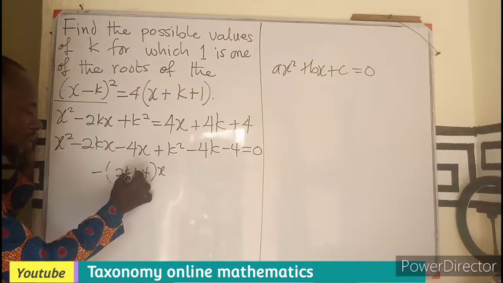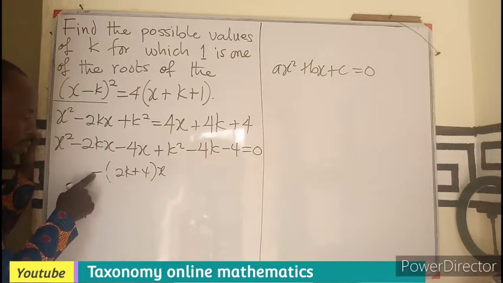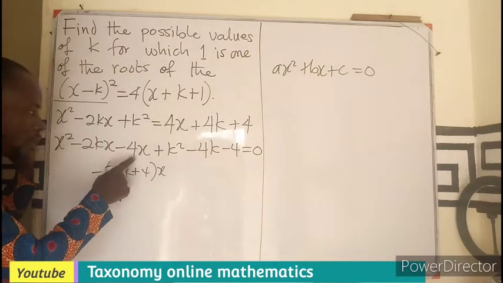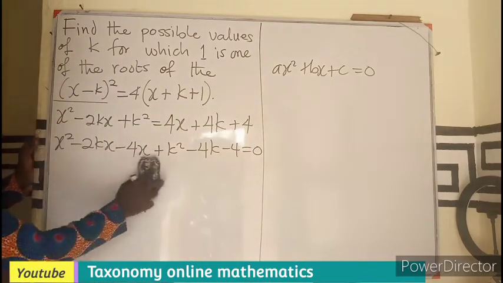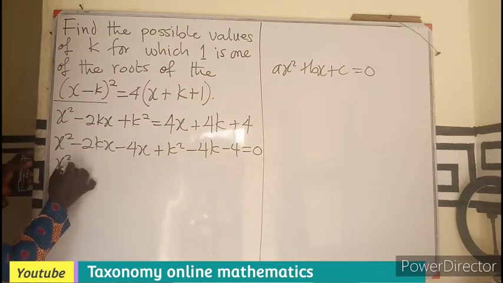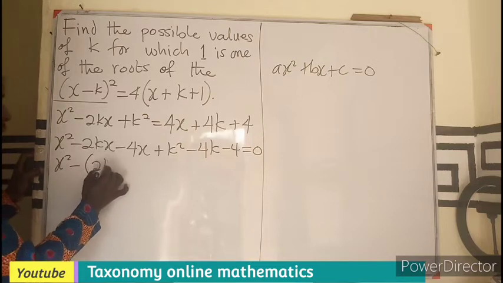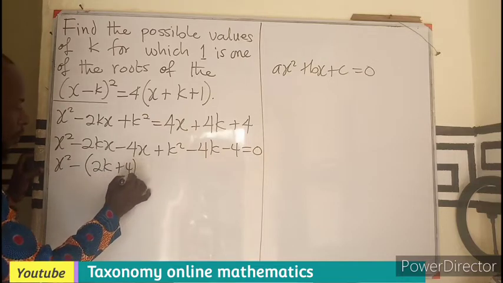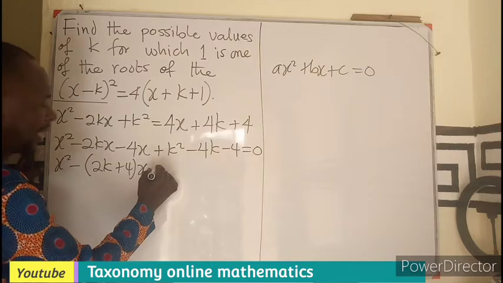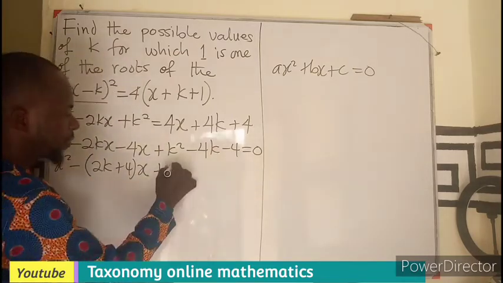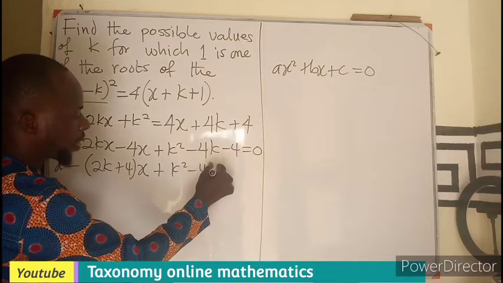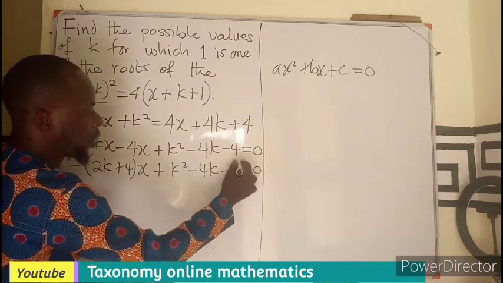This will now become plus, so that when I multiply negative by the positive 4, I still get my negative 4. So it means that this is going to be x squared minus into bracket 2k plus 4 times x. Then I have plus all this, which will become k squared minus 4k minus 4, equals 0.